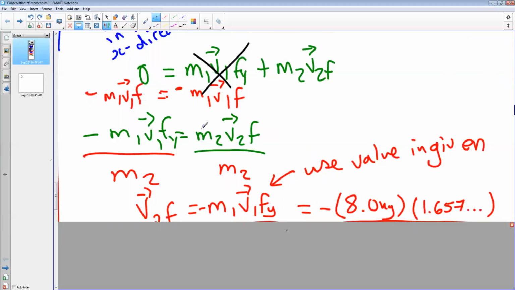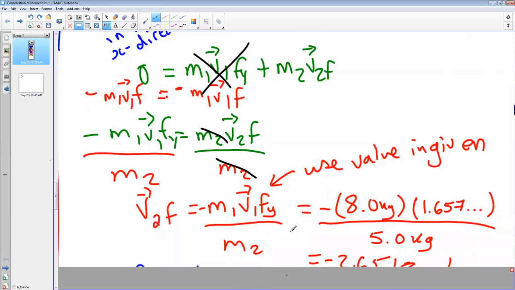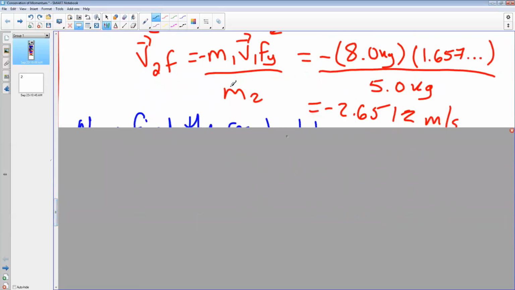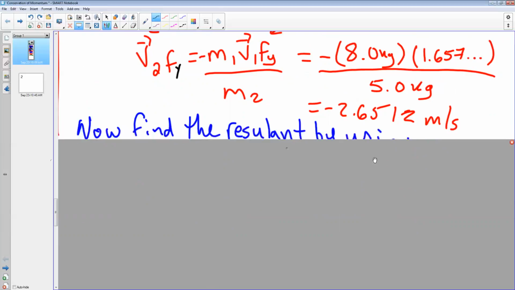So this crosses out, and we're left off with the final value. Keep in mind, where did I get this fy? Fy is basically my sine of 27 that I said earlier. So multiply them and everything, you get the final v2f in the y direction, negative 2.6512.